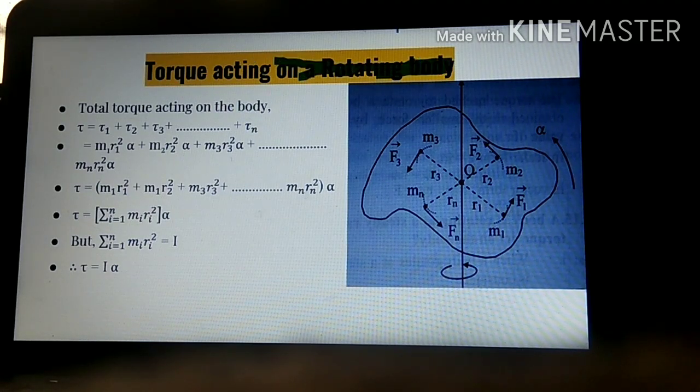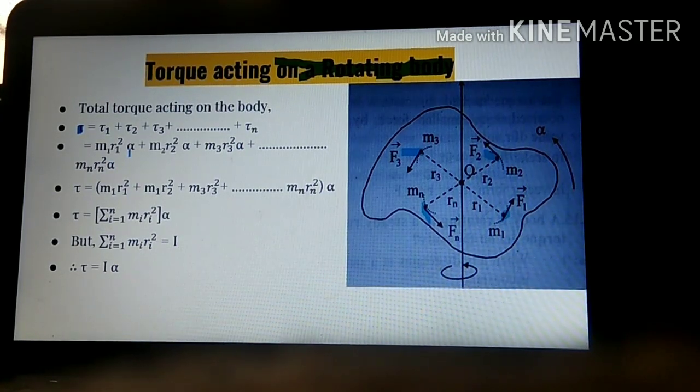Like I have already stated, we are finding the torque of each and every particle of different masses, and we will be adding them up. So total torque is equal to tau 1 plus tau 2 plus tau 3 plus tau n. That is M1 R1 square alpha plus M2 R2 square alpha plus M3 R3 square alpha plus Mn Rn square alpha.